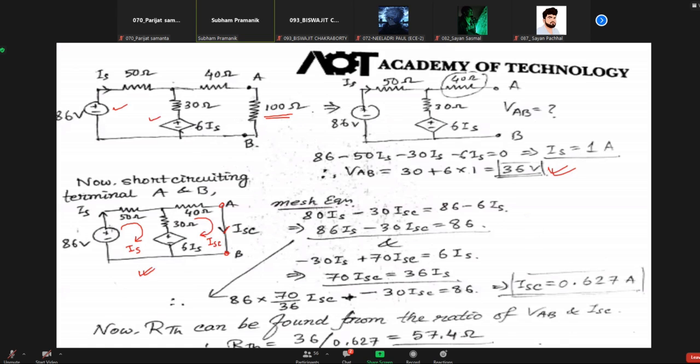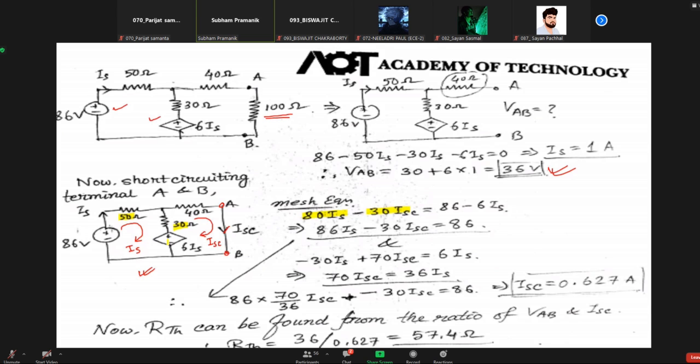So what are the mesh equations then? Tell me. You studied already the inspection method. For mesh 1, 50 plus 30, 80 IS, that is 80 IS minus 30 ISC.